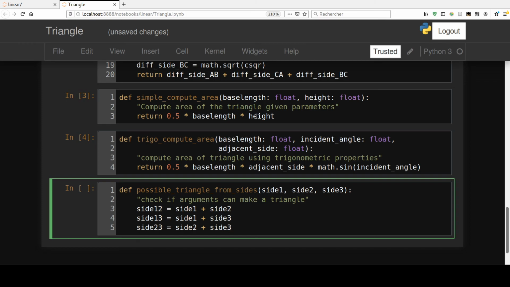And from here we're going to simply check if a side is bigger than these numbers. We can even include the checks here.